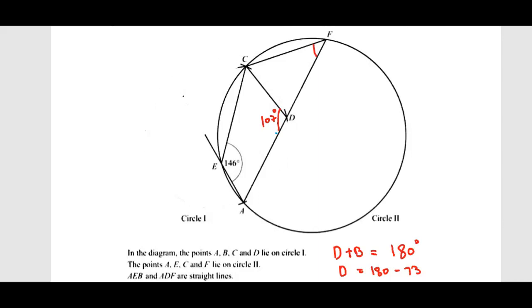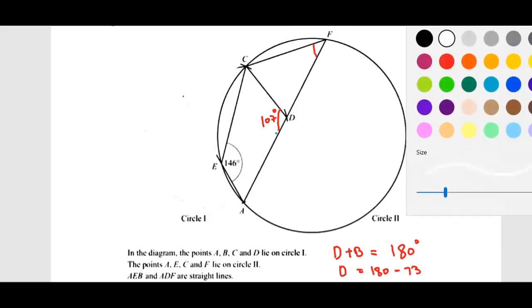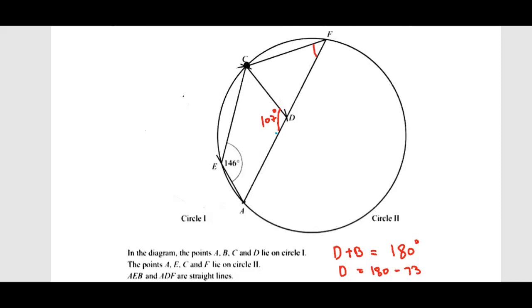Now think about it. Again, the idea could be same, right? Always think about a cyclic quadrilateral whenever you have something inside the circle. Yes, it looks like it is not a cyclic quadrilateral, but this is first corner, this is the second one, this is the third one, this is the fourth one.